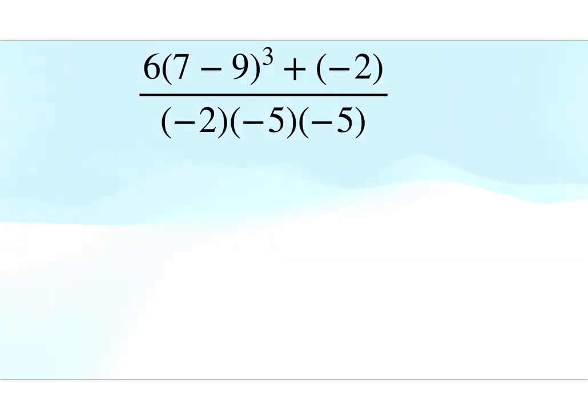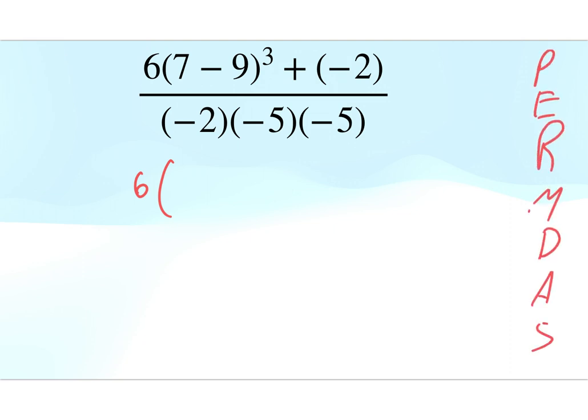Here I'm going back to just simplify, which is remembering all of these things. Doing your parentheses first. Here I'll have in the denominator negative times negative times negative, which will be negative. 5 times 5 is 25 times 2 is 50.